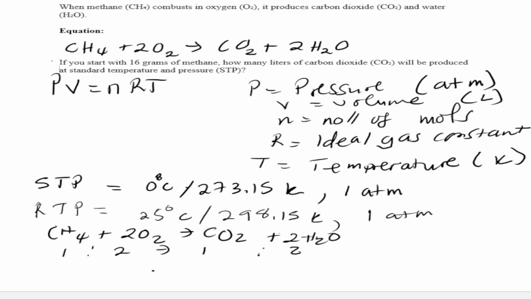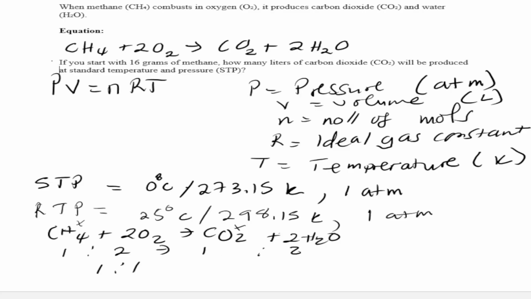We're comparing methane gas with carbon dioxide. So as you can see, the number of moles of methane to carbon dioxide is 1 to 1. So if we find the number of moles like this, then we're gonna try to find how many moles is 16 grams of methane.